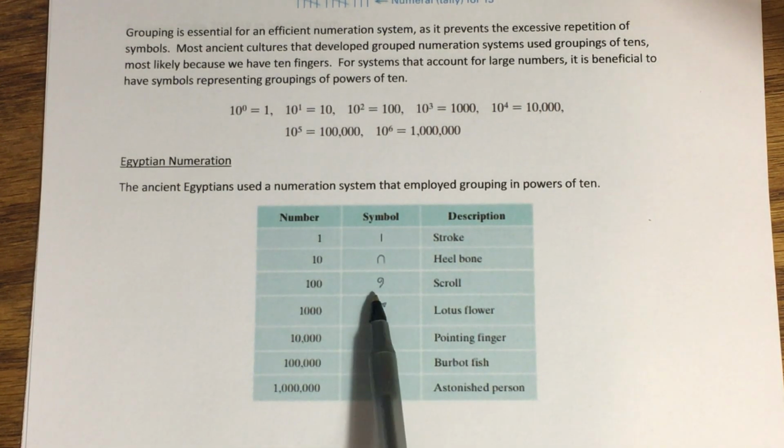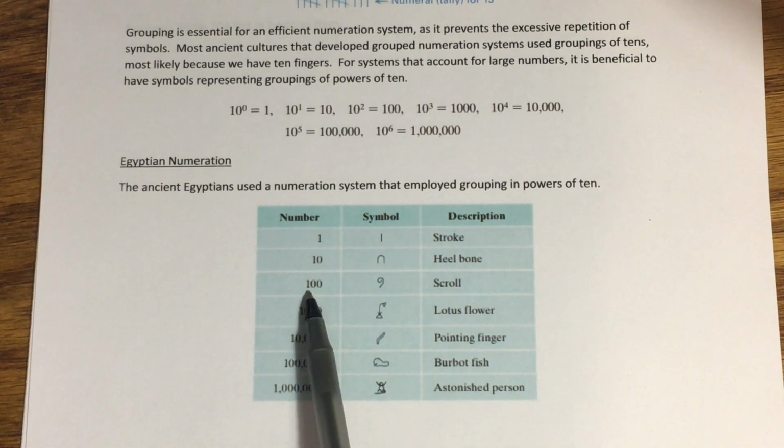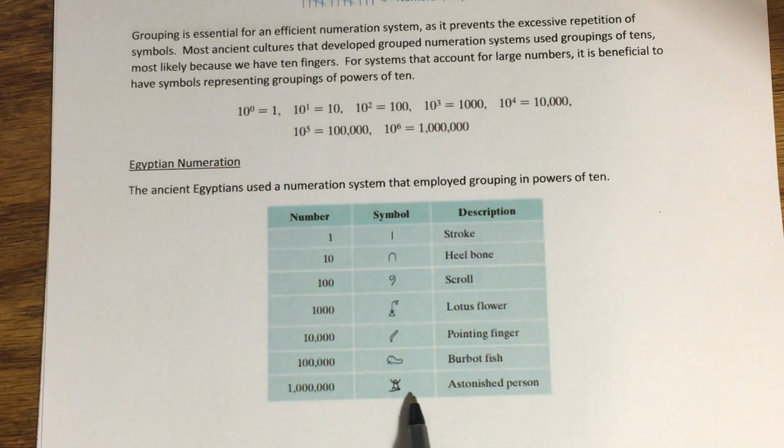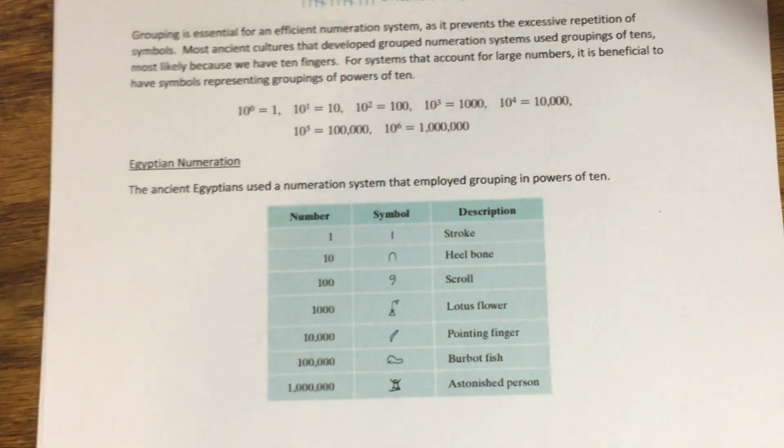That's the number 10. This little squiggle is supposed to be a scroll. It's the number 100, and you notice we have these other symbols as well. Lotus flower for 1,000, pointing finger for 10,000, a burbot fish. To me, it looks like a happy little whale for 100,000, and then I like this one, an astonished person. It's a little guy throwing his arms up in the air. That's 1 million.